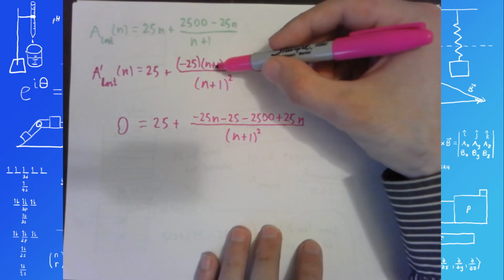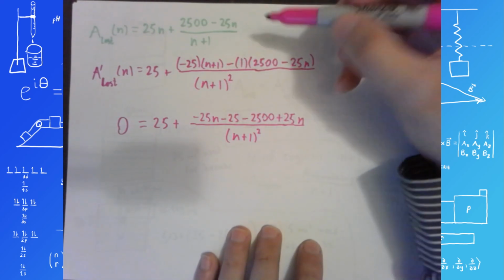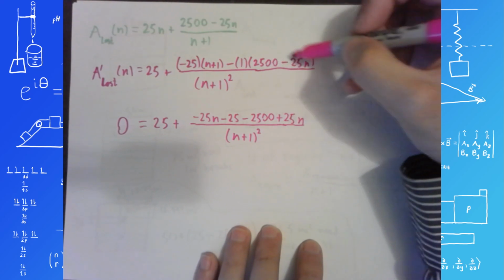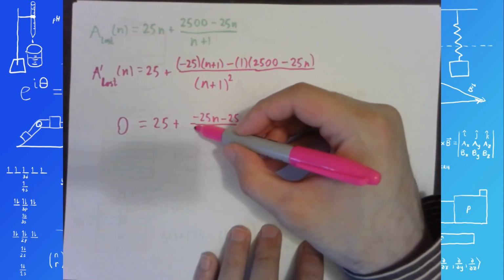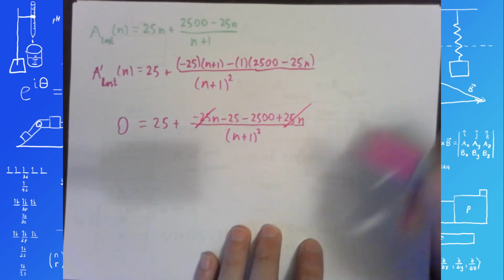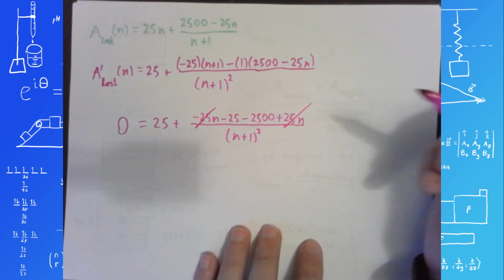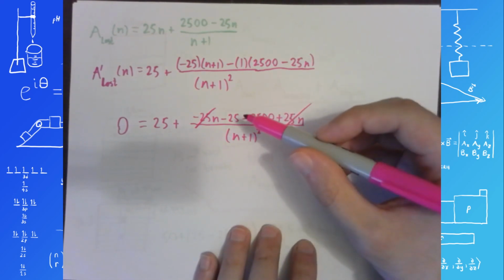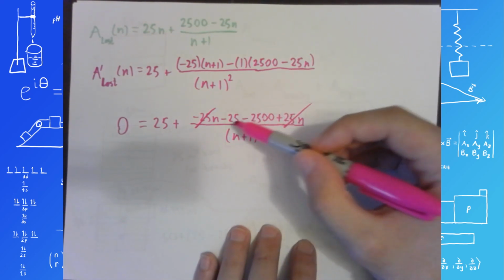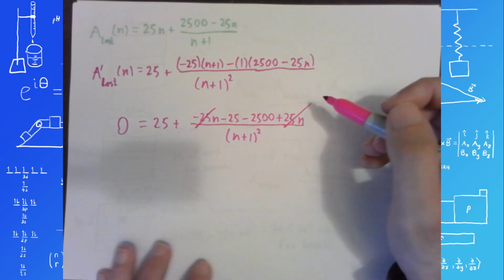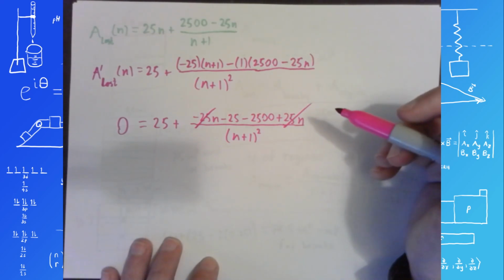Minus 25n and minus 25, yes. Minus 2500 and plus 25n, yes. So I can indeed cancel these out. It wasn't too good to be true, unless I made a mistake in my double checking. But yeah, so minus 25 and minus 2500 is just minus 2525.